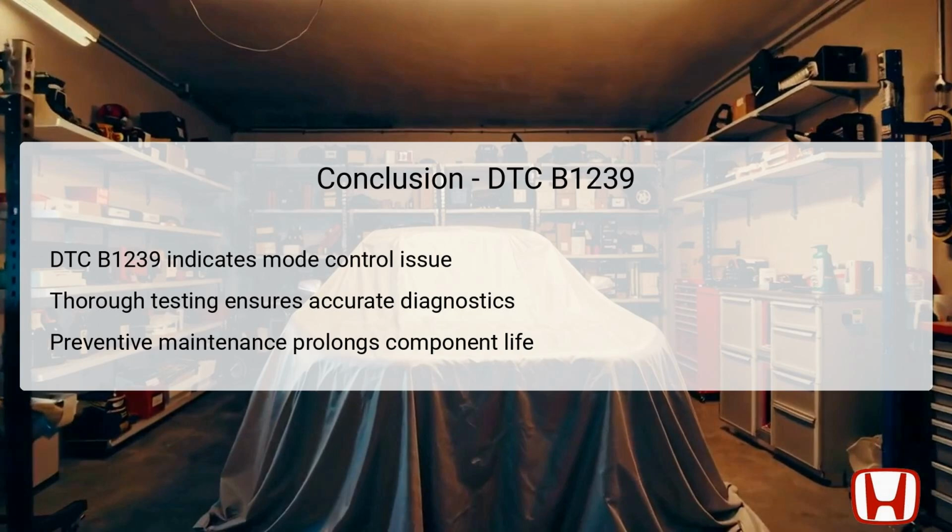To prevent future occurrences of this error, proactive maintenance routines and quality component usage are paramount. Recognizing the significance of these factors ensures long-lasting operation and reliability of the vehicle's climate control systems.